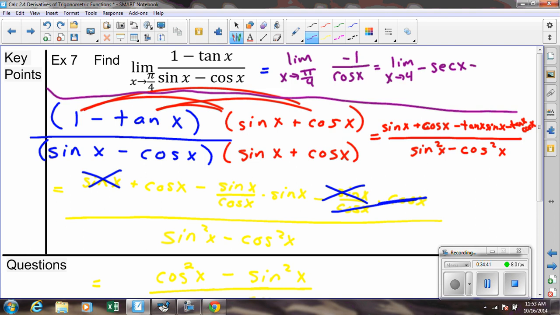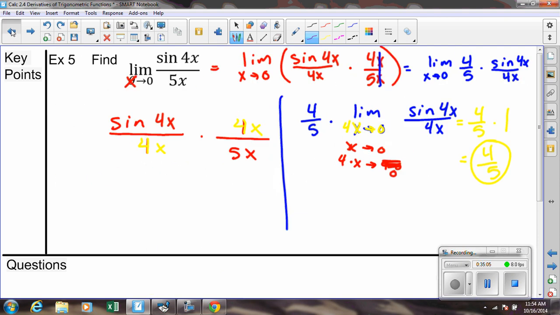Just using direct substitution, this gives us negative secant pi over 4. And the secant of pi over 4 is just the square root of 2. So we have negative square root of 2, and our limit is done.